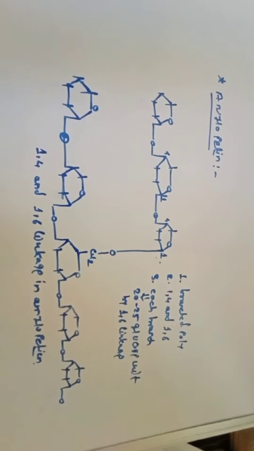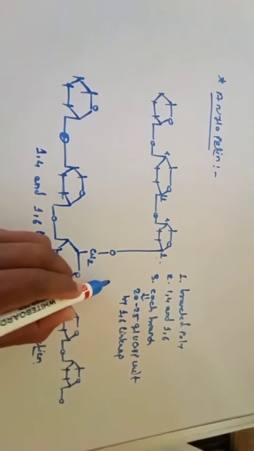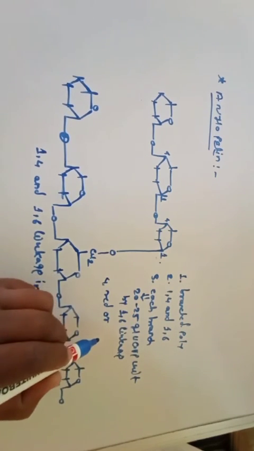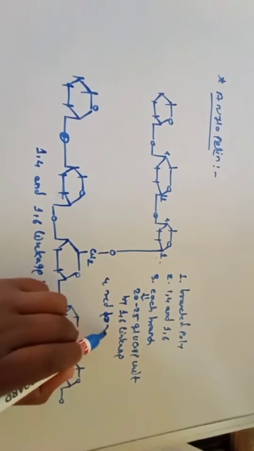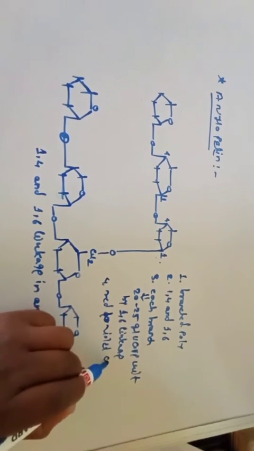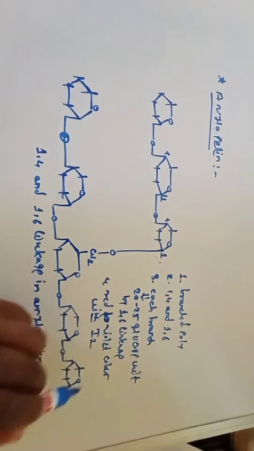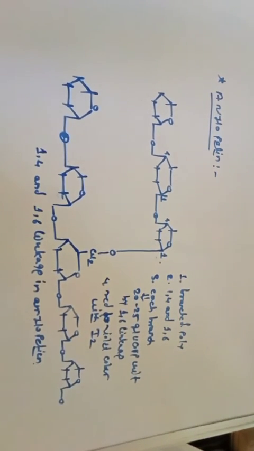We already discussed that its molecular weight is higher than that of amylose, and it gives a red to violet color with iodine solution. This is the characteristic property of amylose and amylopectin.